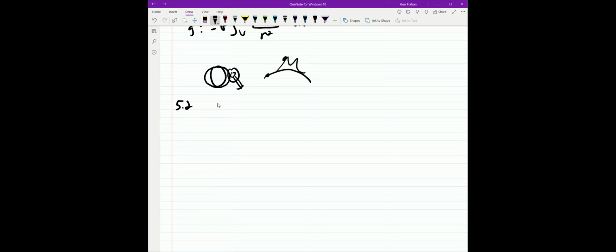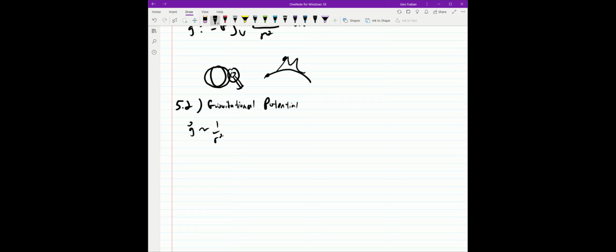So 5.2, gravitational potential. Okay, so we know the gravitational field vector G goes as 1 over r squared. Now, this lets us write G as the gradient of a scalar function, because we have the 1 over r squared dependence.